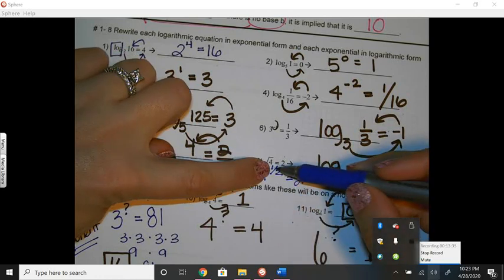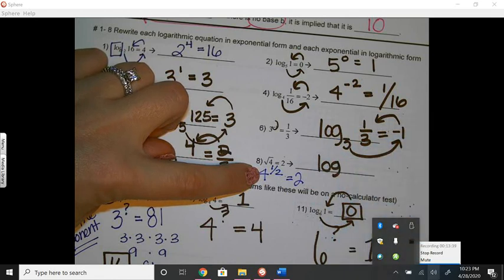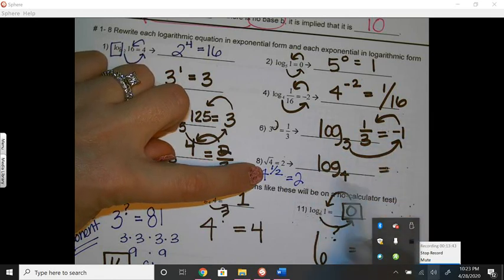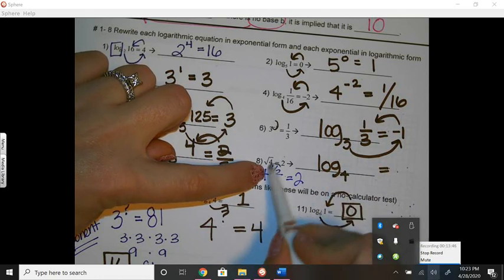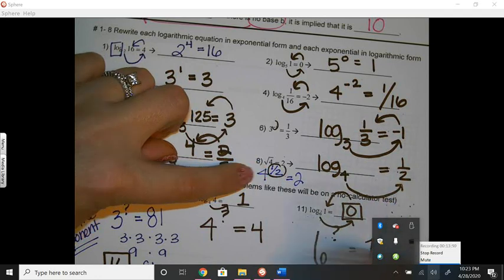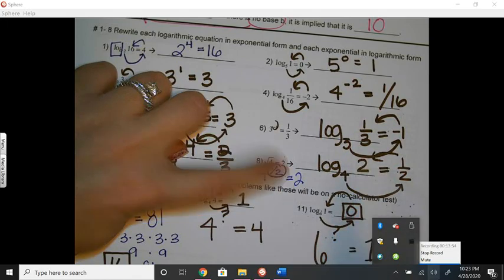So the base in this case, the one that has the exponent, is 4. So I'm going to put log base 4. The answer to a logarithm is always the exponent. And then I make the circle. 4 to the 1/2 equals 2.